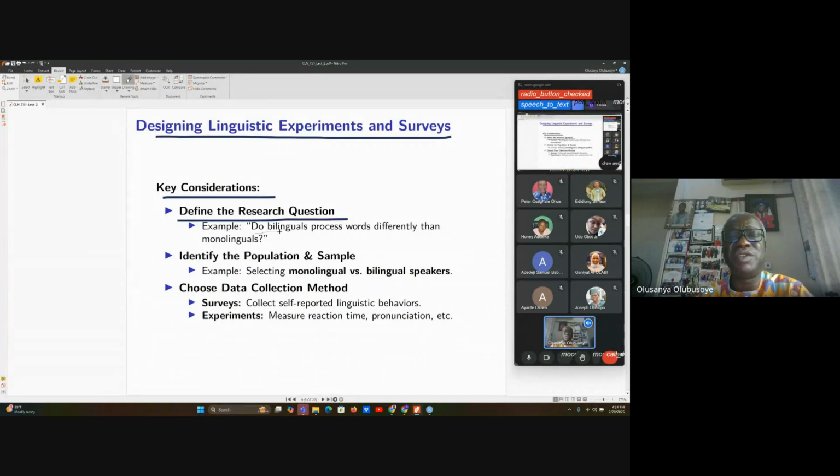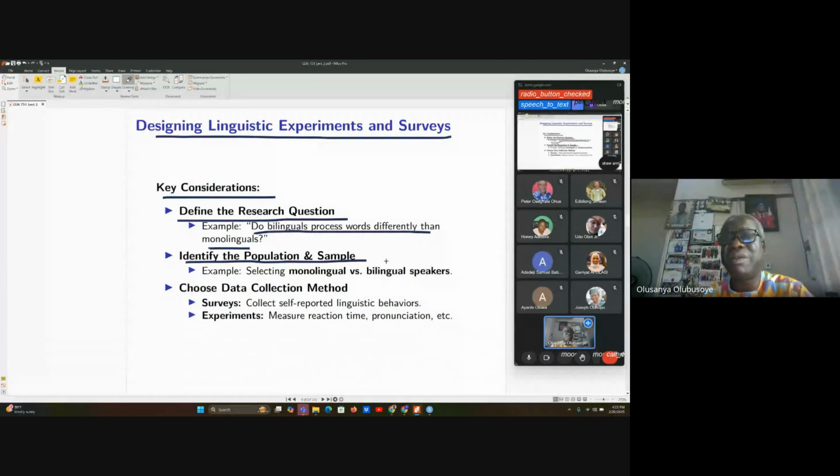And once you pose the question, the next thing is to ask, who is the target population in this study? If I'm studying word processing among bilinguals and monolinguals, which population am I targeting?